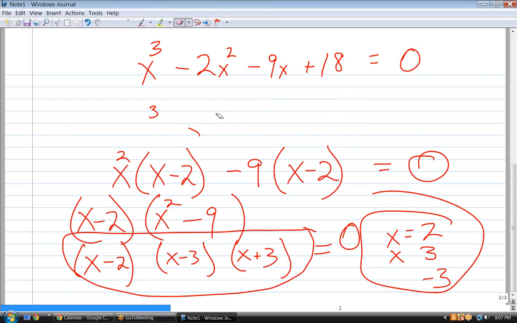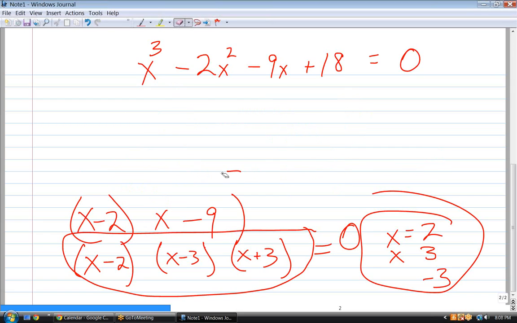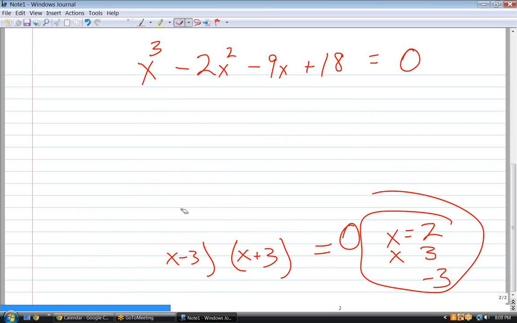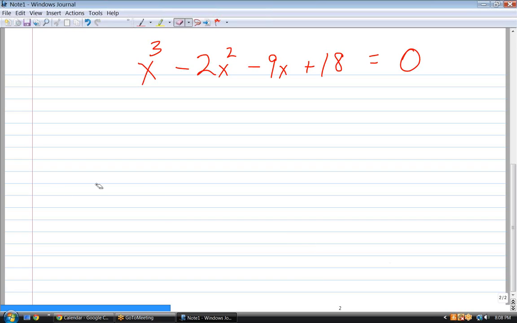Now, obviously, that's going to be a very small percentage of cubics, but I would focus on that. In other words, all I have to do is change one number here, make that a 7, and I cannot solve this by grouping.